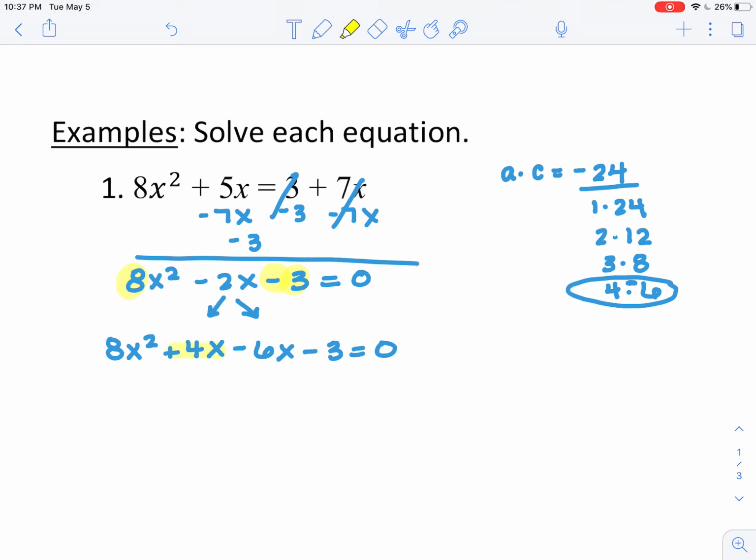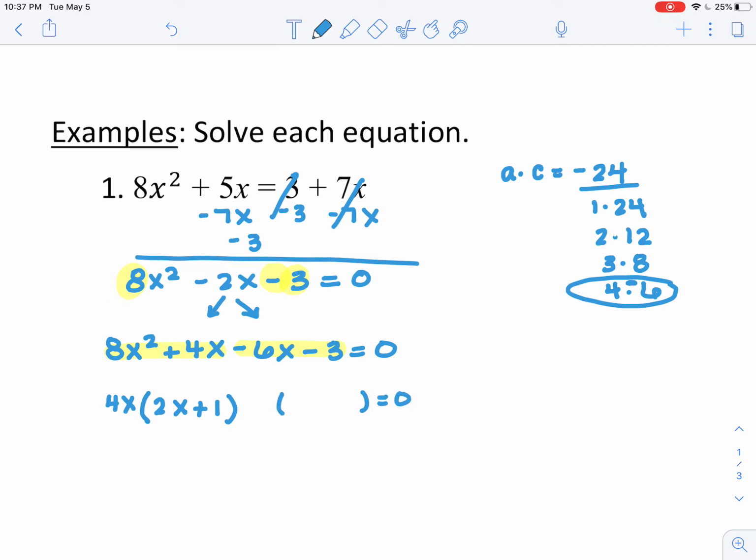Now that we've split the middle term, we have 4 terms, so we can factor by grouping. Group together the first 2 terms, factor out their GCF. So here the GCF is 4x. When I divide each term by 4x, I'm left with 2x plus 1.